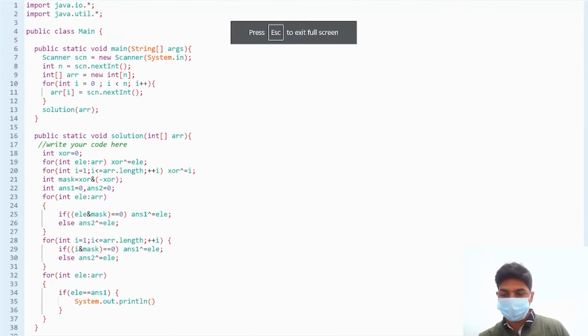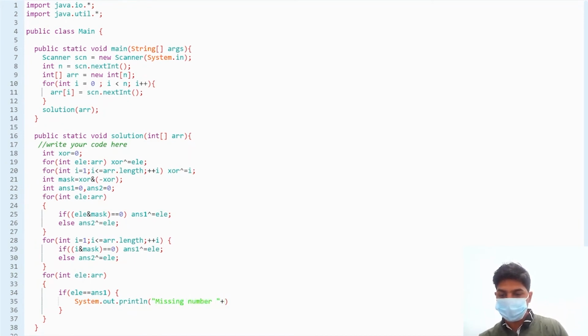System dot out dot println, missing number plus, and the missing number is answer 2, and similarly the repeating number is answer 1.